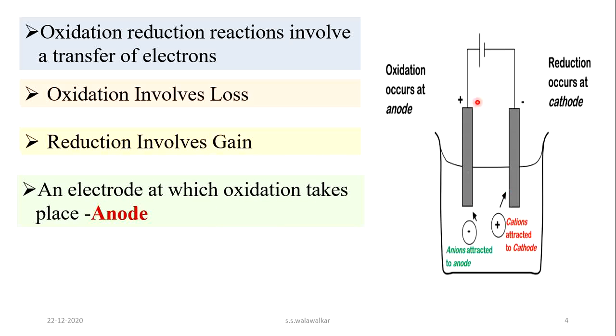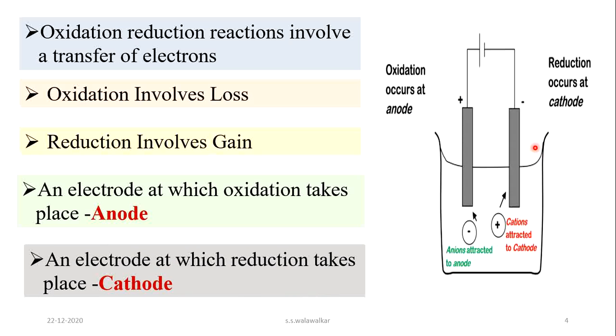And the electrode at which oxidation takes place, that is, loss of electrons takes place, is called the anode. And the electrode at which reduction reaction takes place, that means gain of electrons takes place, is called the cathode. So oxidation takes place at the anode and reduction takes place at the cathode.